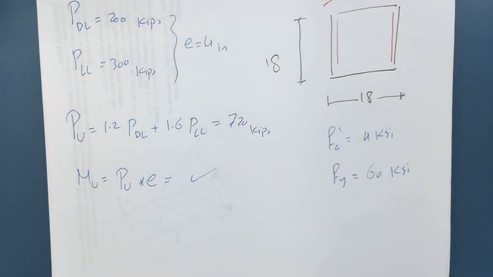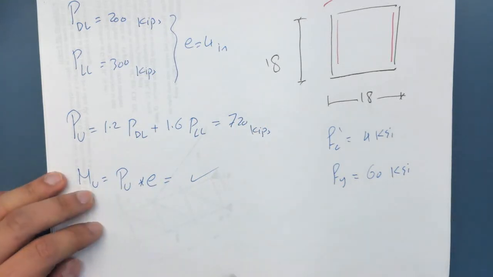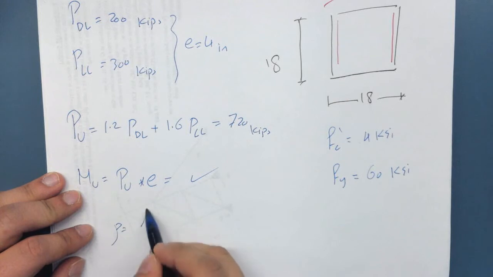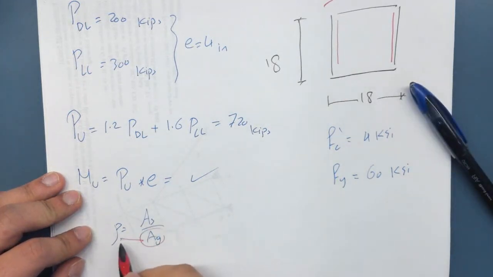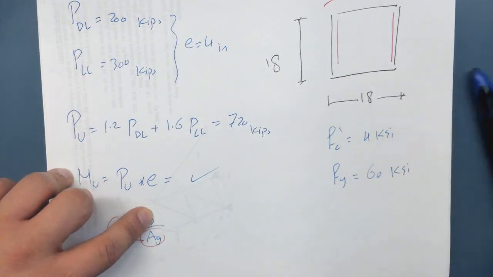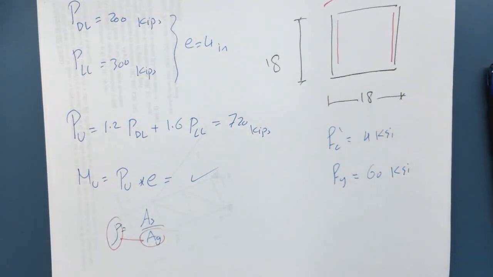If you want to use Kn and e over h, or if you want to use Kn or Rn, both of those are going to give you the reinforcement ratio. Now you take this rho multiplied by Ag, so rho is equal to As divided by Ag, multiply rho by Ag is going to give you the steel reinforcement that you need, which is 16.2 inches squared.